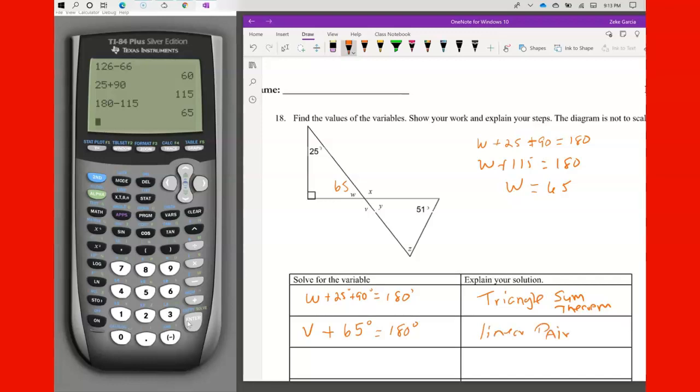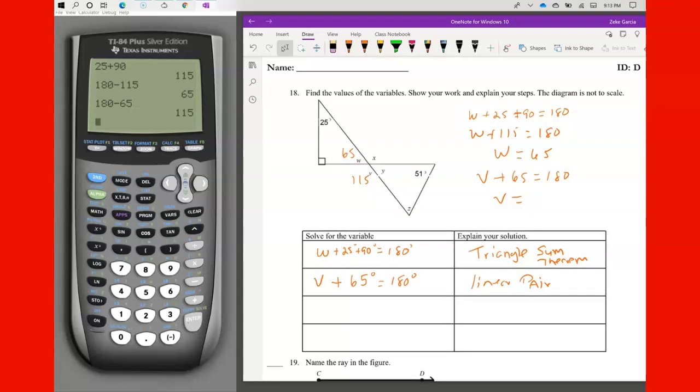And remember that for a linear pair, the sum will be 180. So we have V plus 65 is equal to 180. So I'm just going to subtract 180 minus 65. And that gives you 115. So this is 115. Okay.